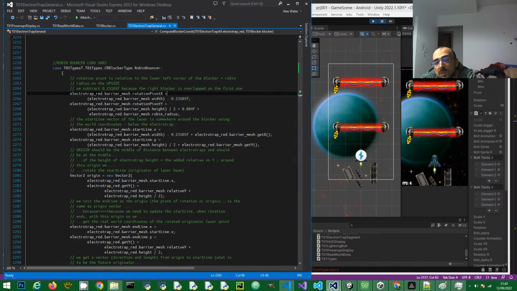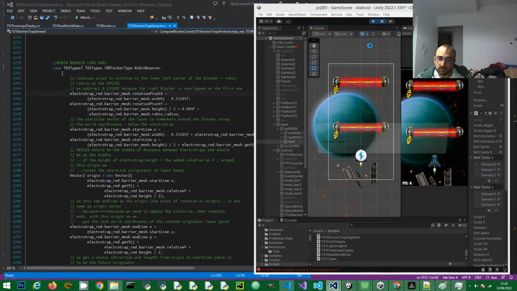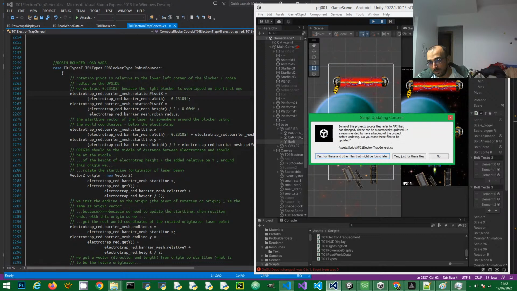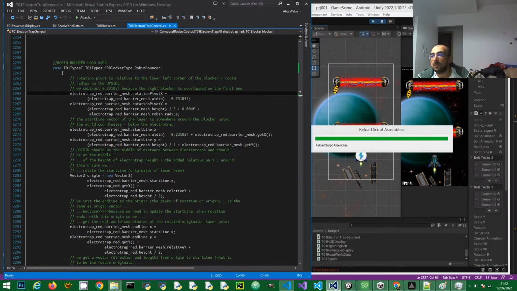The origin is just the middle of the barrier. So we have two pivots. One is on the barrier right here. So the blocker can rotate around this, and it can change left, right, depending on the transx variable.